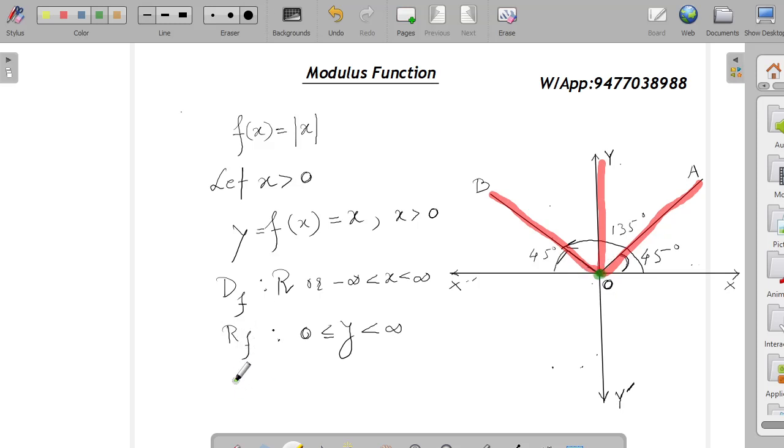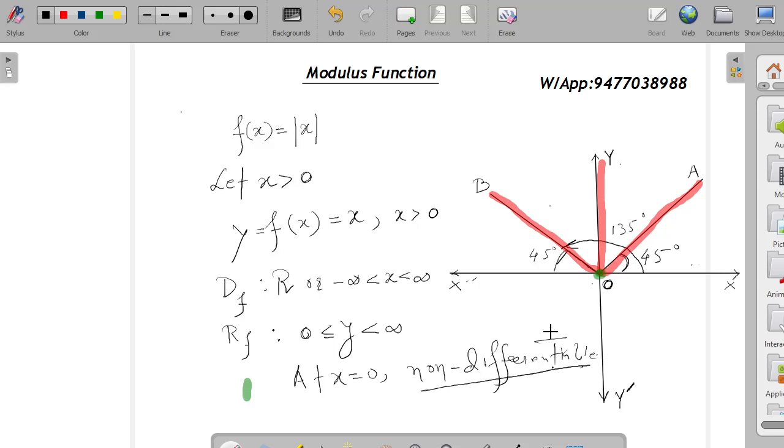So we could say that at x equals 0 the function is non-differentiable. This function is non-differentiable at x equals 0 as there is a sharp corner.